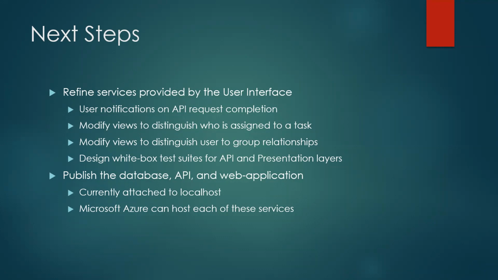Moving forward to a published application in the cloud, a Microsoft Azure environment or Google Cloud environment could support the client application as an app service and host the database connections.